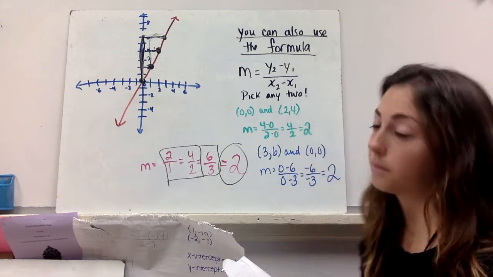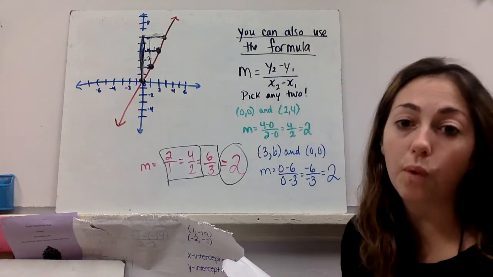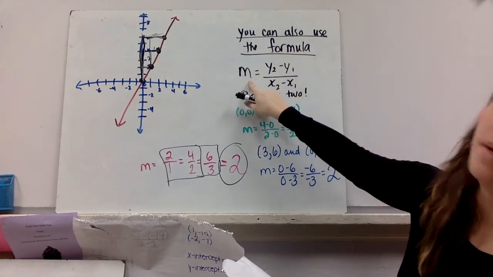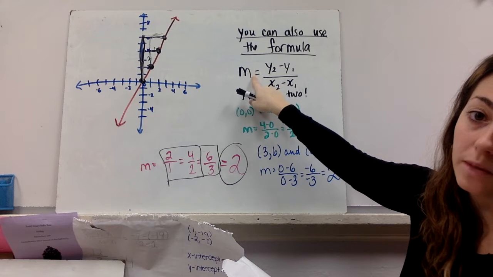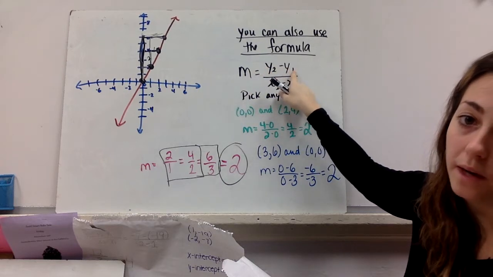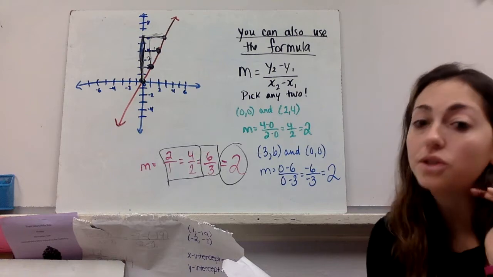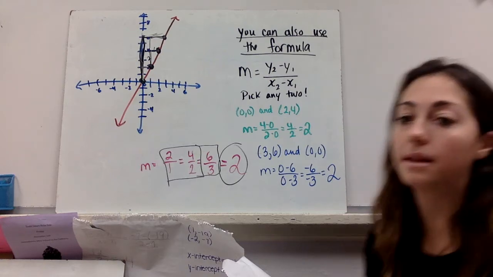And another way to talk about it is, we've talked about a formula. We've got to practice this a bit more. We've got m, that's my slope, equals y2 minus y1 divided by x2 minus x1. So you can pick any 2 points. So let me use a different color.